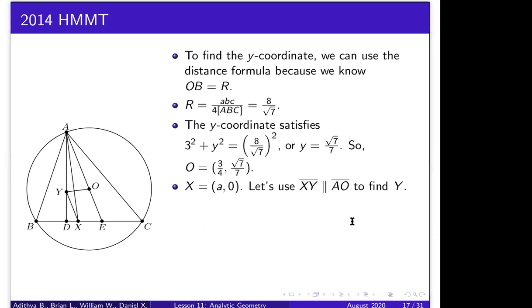And so now we have to use both of our conditions. So let's start with XY is parallel to AO. So what does that tell us about the coordinate of Y? First, what's the slope of AO?